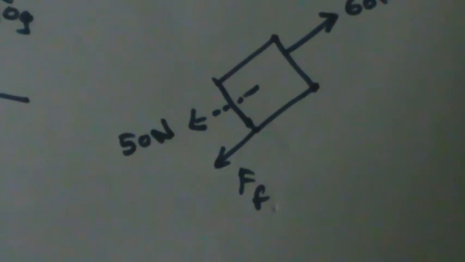R is perpendicular to this object, so I'll draw it from here. The value of R is equal and opposite to 10g cos 30. So the 10g cos 30 force will be in this direction.